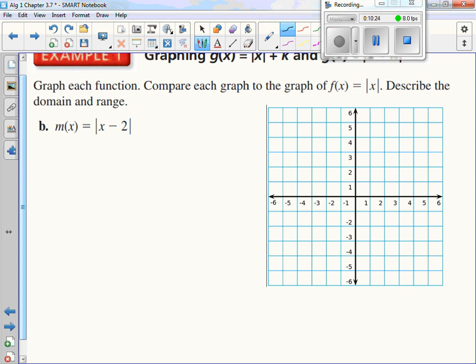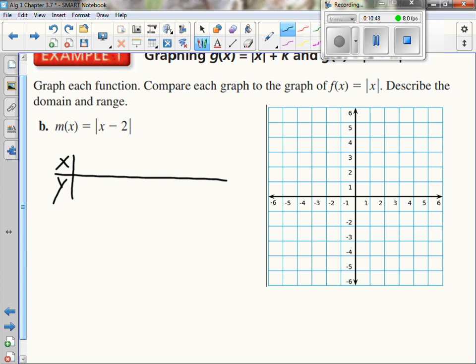Right. It would be to the right. Because it's inside, when we talk about right and left, it's opposite of what we think. Since it's minus, it's moving to the right. So this is moving it 2 units to the right. It's a horizontal translation.